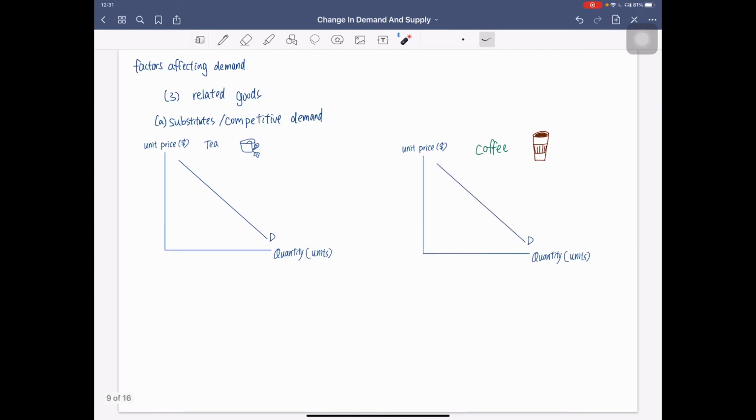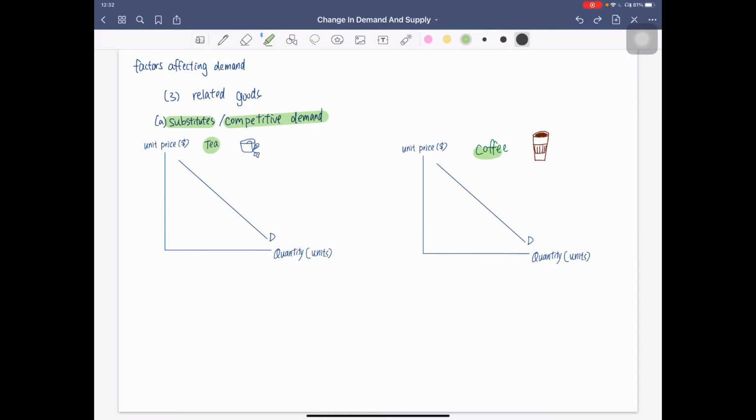The third factor is called related goods. The first type is called substitute, or competitive demand. An example will be tea and coffee. We know that tea and coffee are very similar because they can satisfy very similar or even the same wants of consumers.